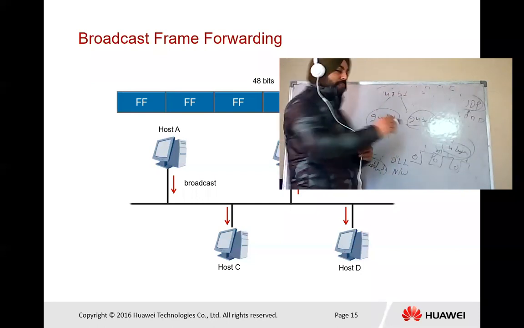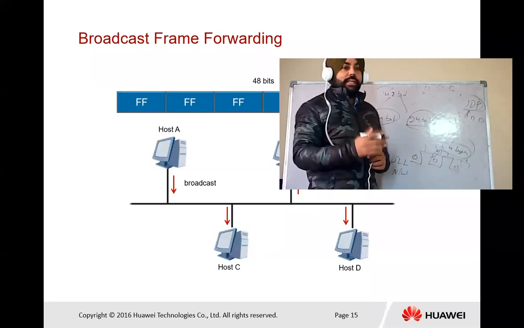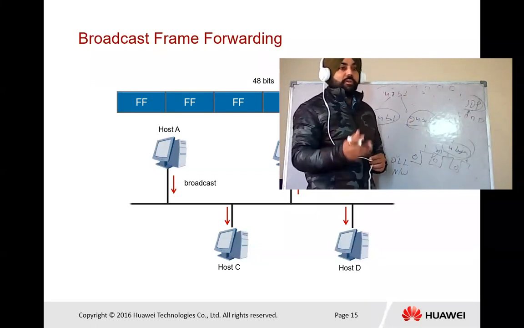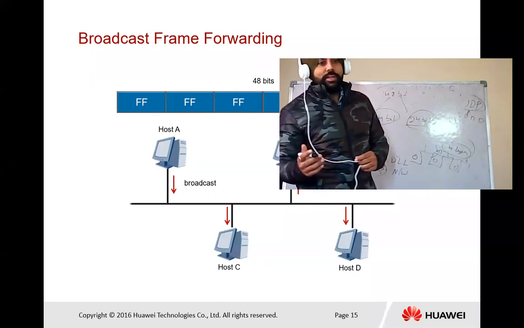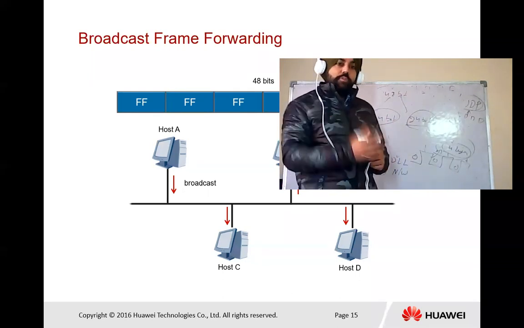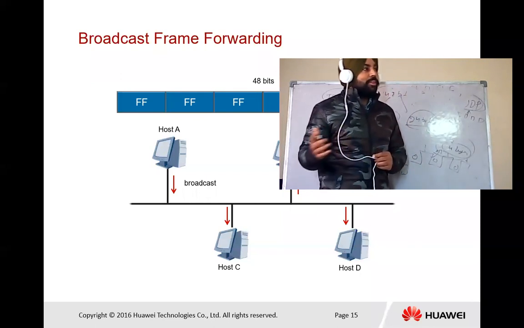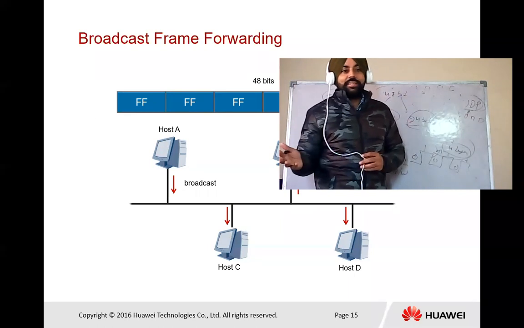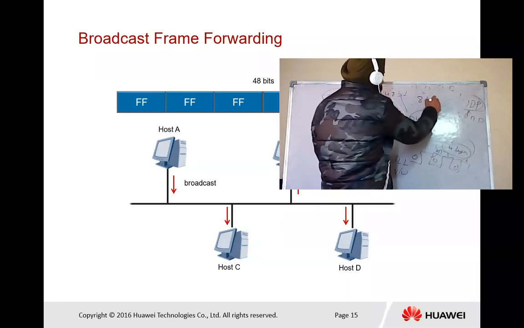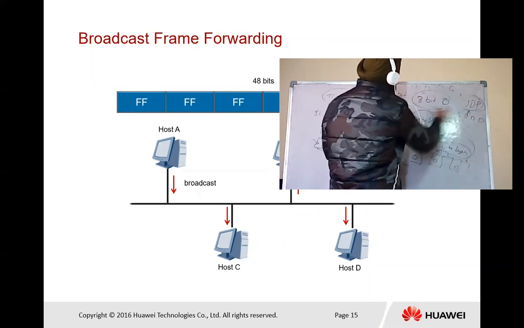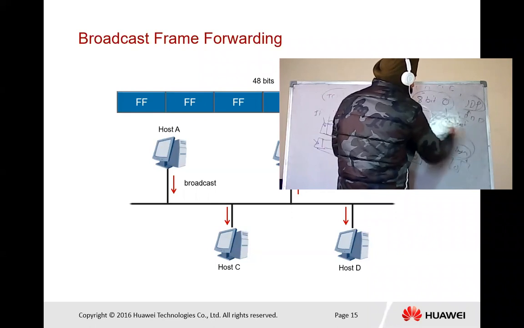If we don't know the destination MAC address, we have three different types of frame forwarding: unicast, multicast, and the third one is broadcast. How will we find whether this is our system's unicast address format, or multicast, or broadcast? If the 8th bit is 0, that means this address is unicast.